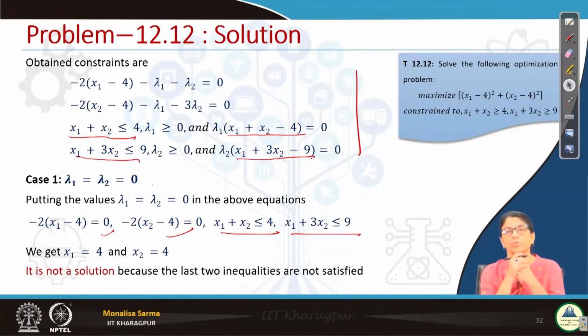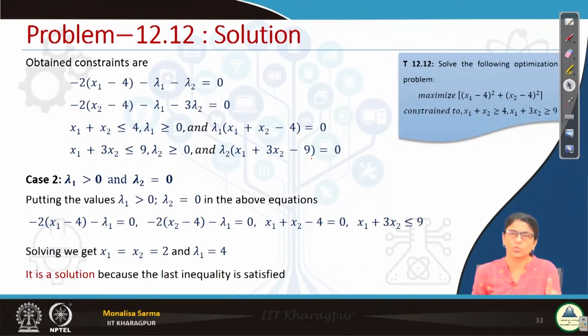Now from among these solutions you will have to find out which is the feasible solution. If there is only one feasible solution, then that is the solution. If there is more than one feasible solution, then among them you will have to find out which is the optimized solution, and accordingly that is the solution. You can go through these steps.